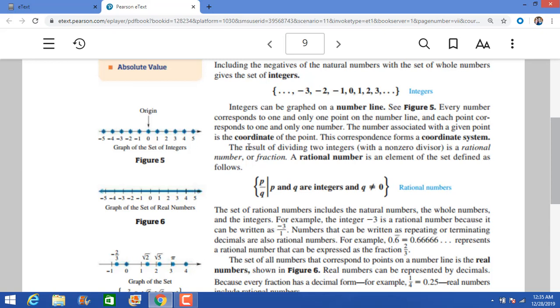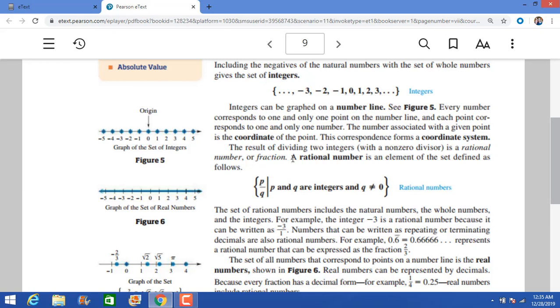Okay, the result of dividing two integers with a non-zero divisor is called a rational number. So these are where we get our fractions from. If we divide all these numbers by 1, we get the same numbers, but we can divide them by any other value other than 0 as well, and we get all the fractions.